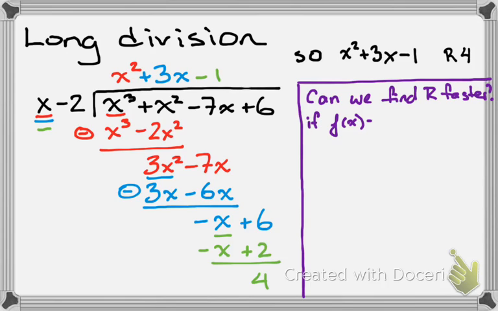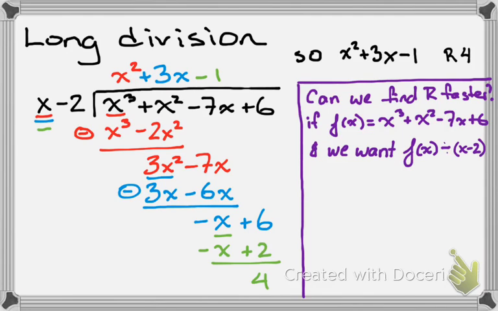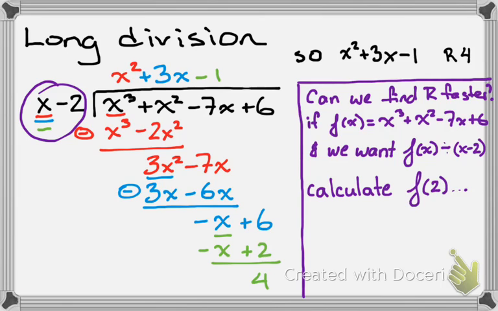So if we consider f of x, so a function, to be x cubed plus x squared minus 7x plus 6, and we want to divide that function by x minus 2, which is what we did over here, then calculate for me what f at 2 is.